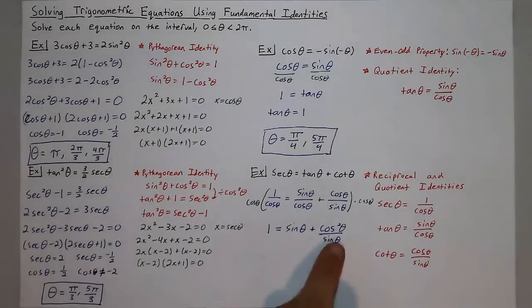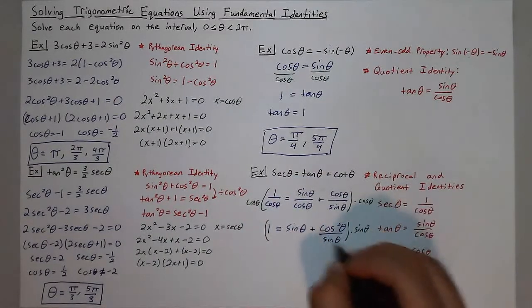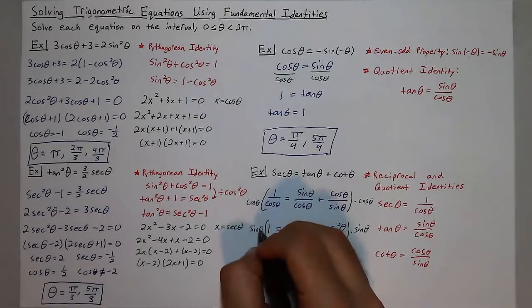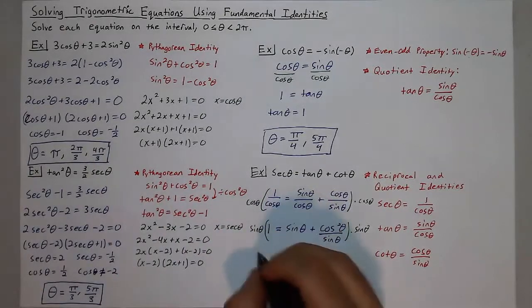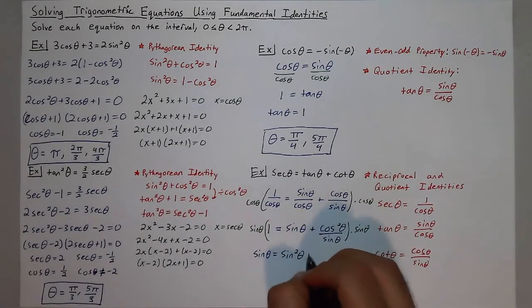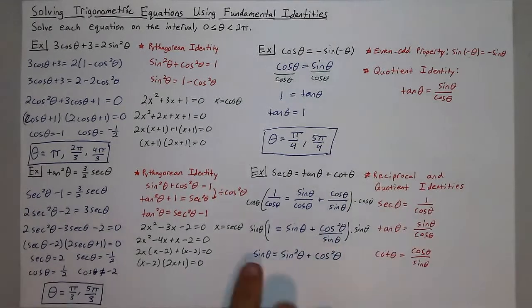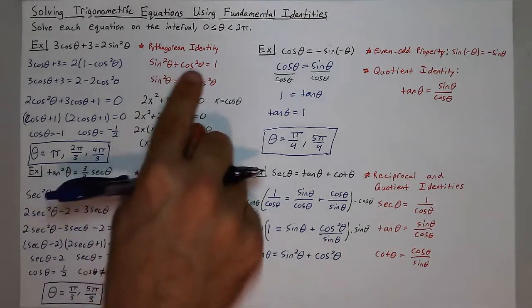But in order to get rid of this denominator, I can multiply each side of my equation by sine of theta, so it can cancel out with that denominator. So now I'm left with sine of theta is now equal to sine squared of theta plus cosine squared of theta. And that's still two different trig functions with sine and cosine, but I have some trig function squared, which is the Pythagorean identity.